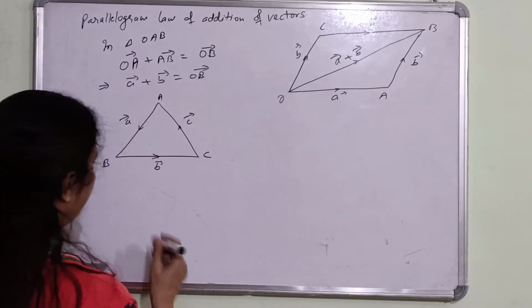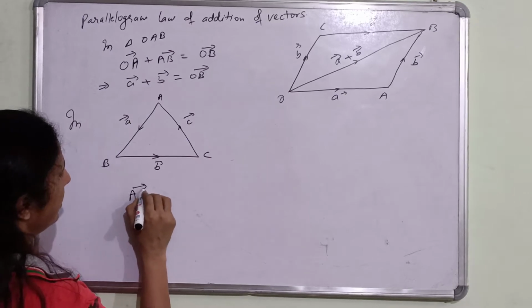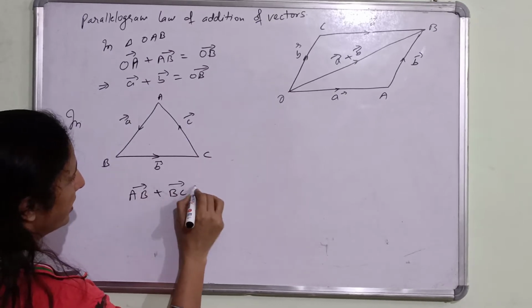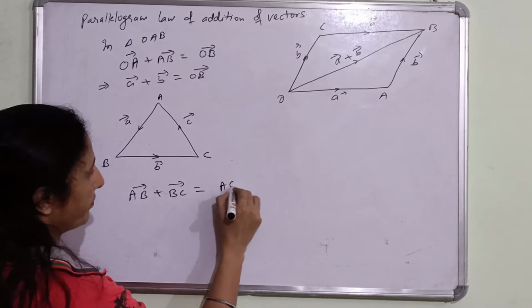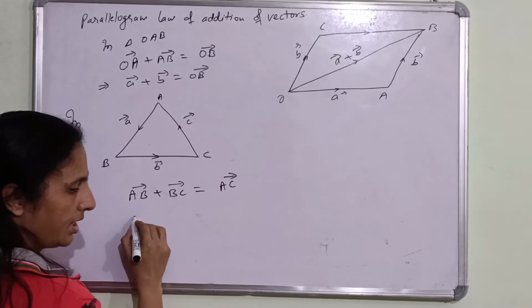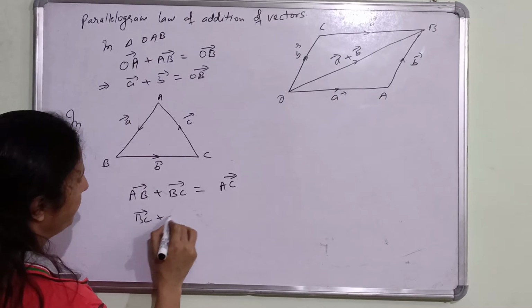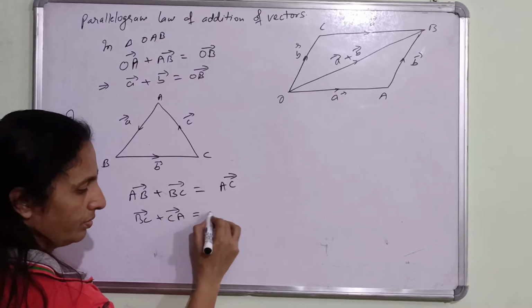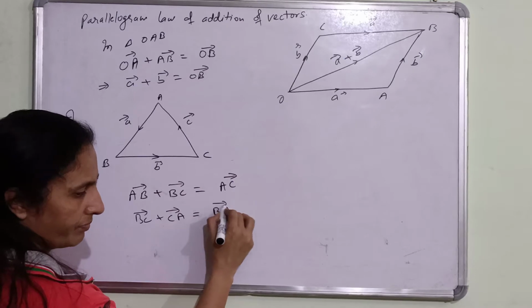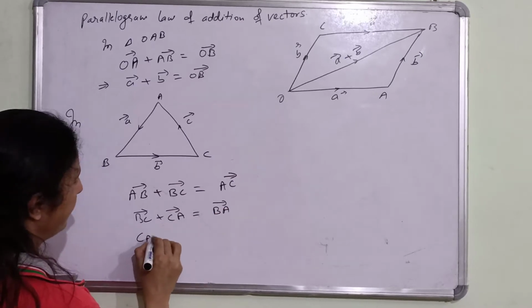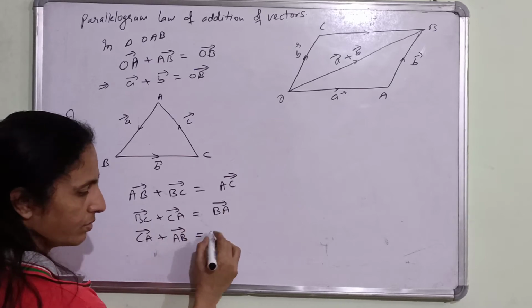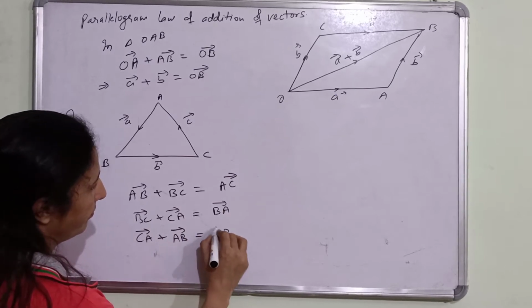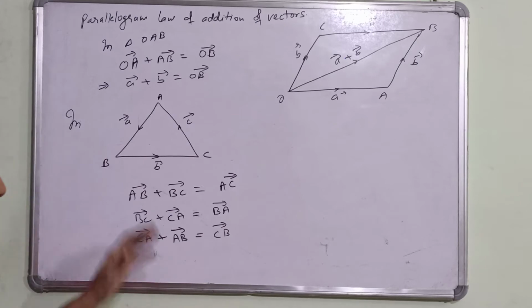So we have AB plus BC is equal to AC. Next, BC plus CA is equal to BA, right? CA plus AB is equal to CB. So in this way you can use it in your questions.